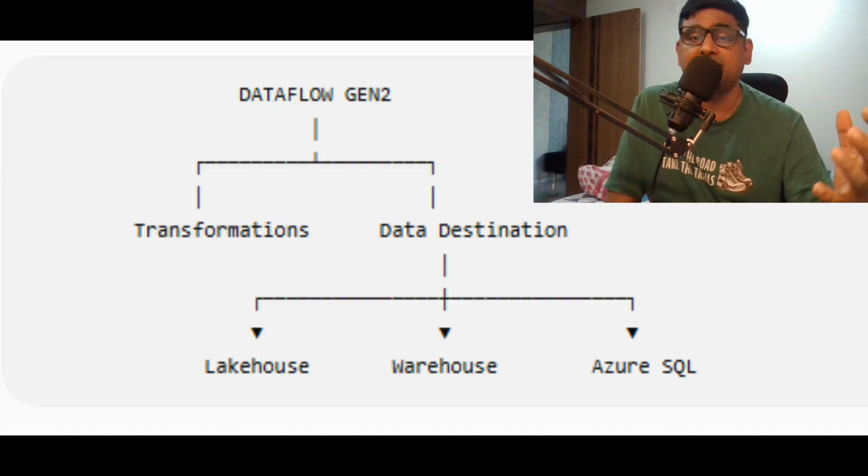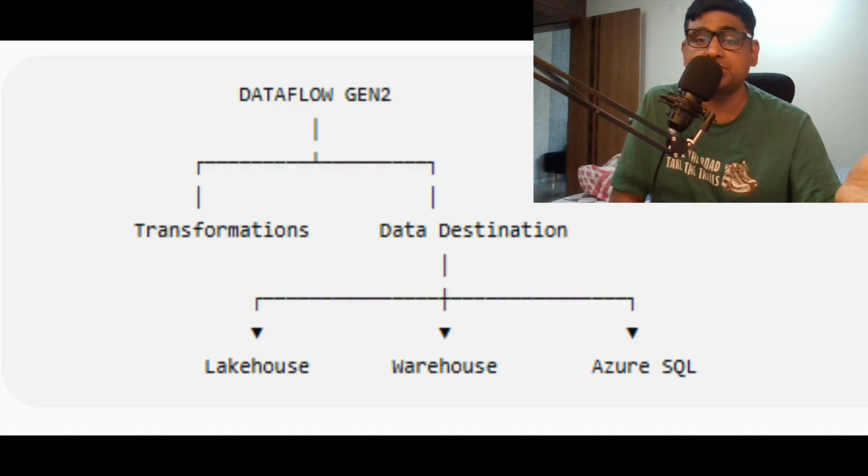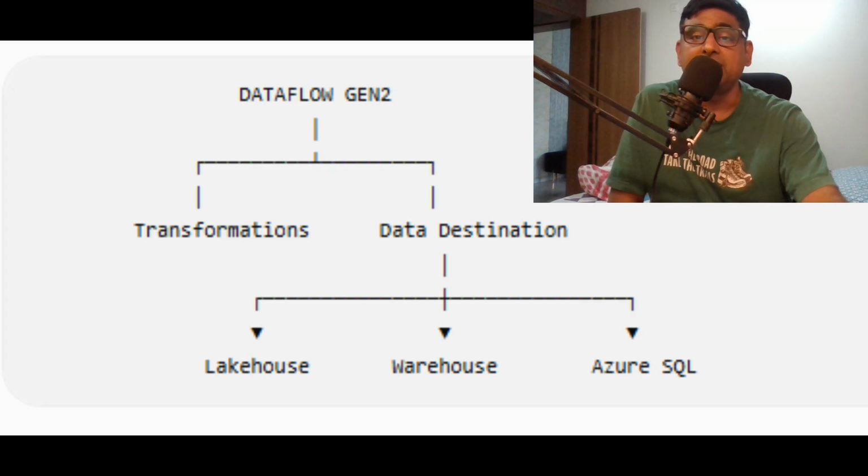I can send the output to a Fabric Lakehouse or a warehouse. There are other supported destinations which you can also use. Okay, so in this example I will show you the Lakehouse, but you can have a different output where you can store the transformed data.